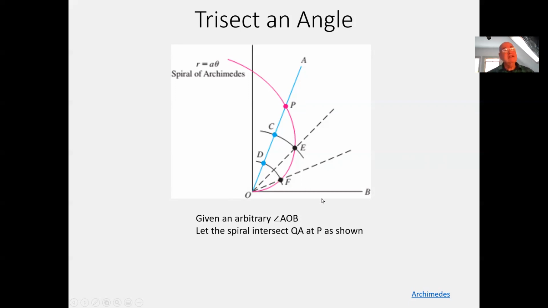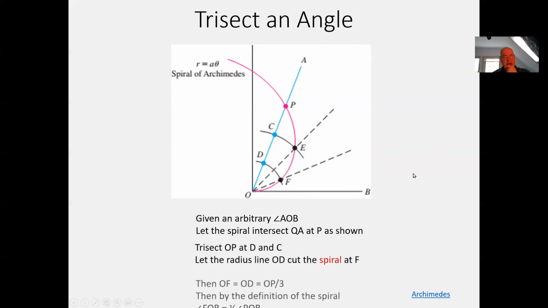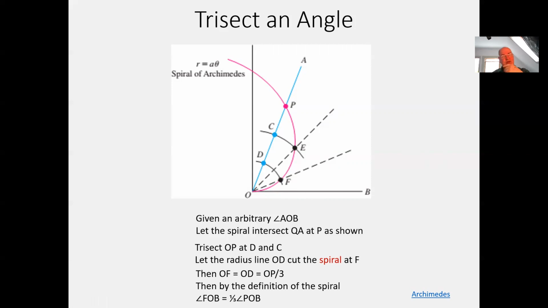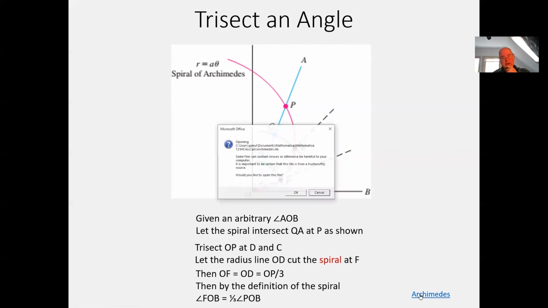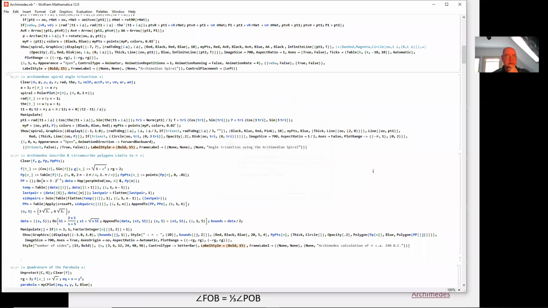Isn't this how the spiral was constructed? The spiral was constructed by having it grow out longer and longer, F to E to P, in the same exact ratio as the angle is sweeping out. So given the construction of the spiral, if this is 1/3 of this length, then this must be 1/3 of this angle. Okay? That's all this is saying. I just said in words what's there. And let me show you the very pretty animation.